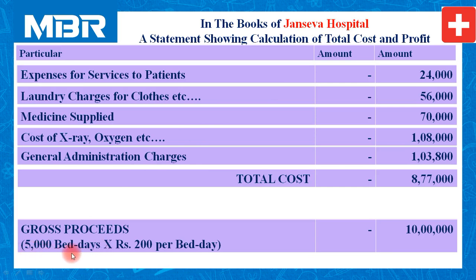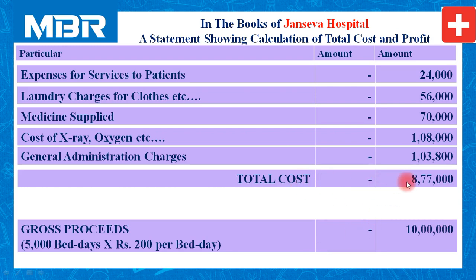So 5,000 bed days that we have already calculated earlier, multiplied by rupees 200 per bed day. This information is given to us in our question. So total collection by this hospital during the year 2018-19 is rupees 10 lakhs.